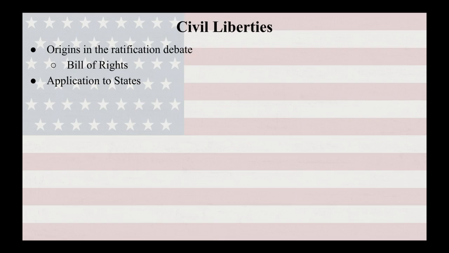To begin with, the Bill of Rights was seen as applicable only to the national government and not the states. So the states had their own ways of doing things, and this was only applicable to you at the federal level. And states were not really incorporated into that until a little bit later.